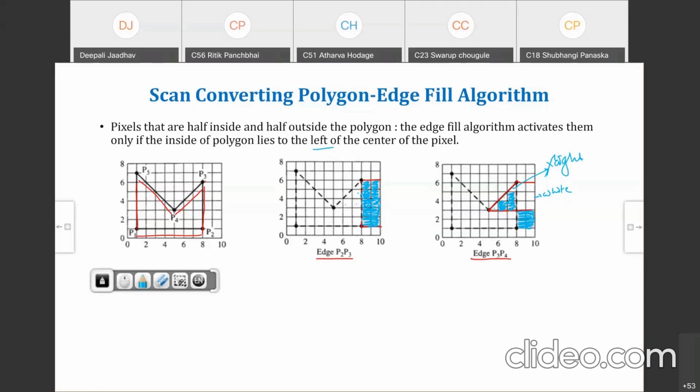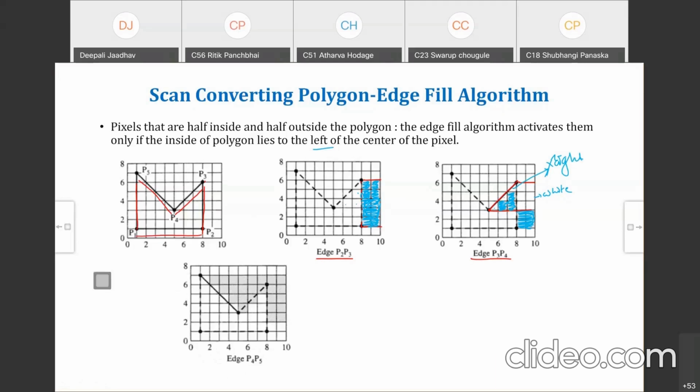Now the next one. Next we consider the line P4, P5. So this is our line P4, P5. Whatever is on the right hand side of P4, P5, we are going to consider these pixels, and make all of them complement.